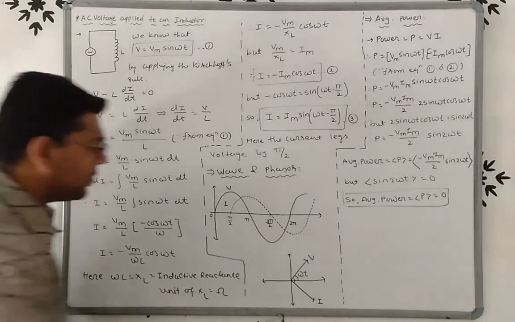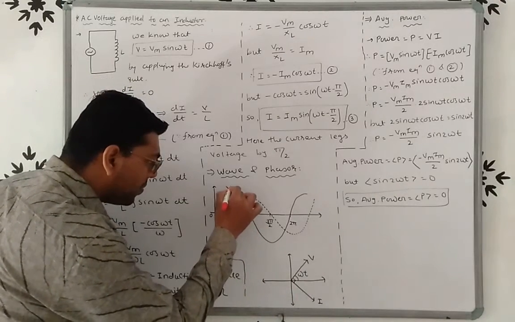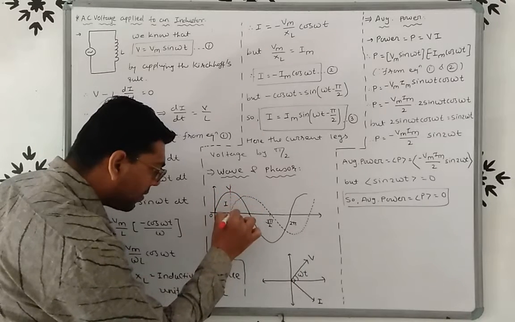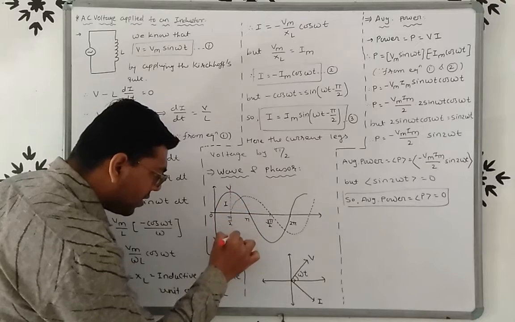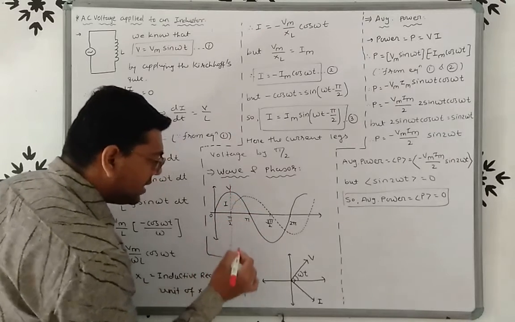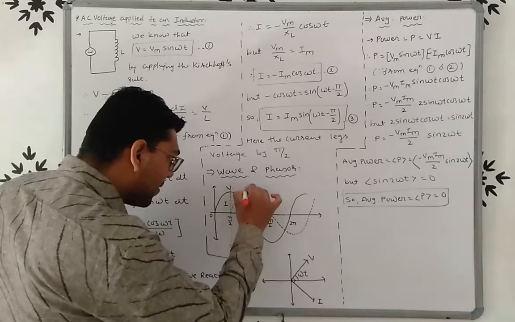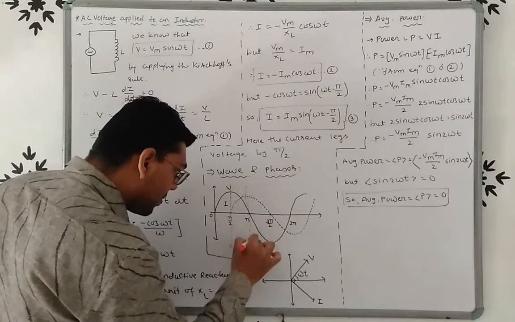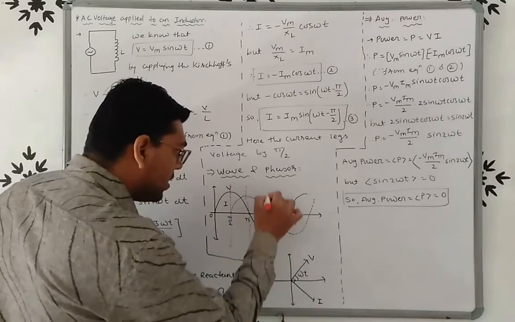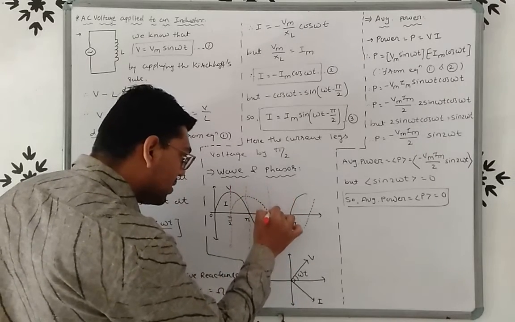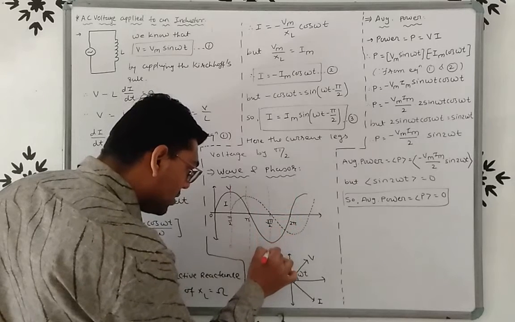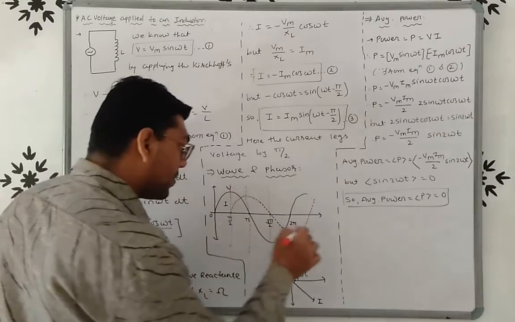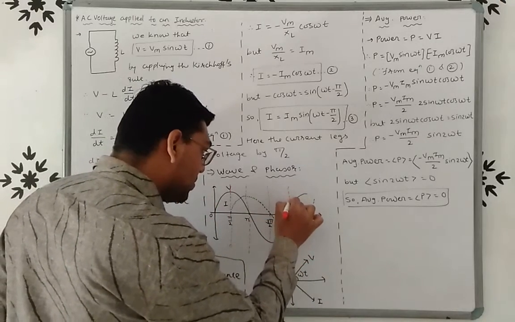From pi by 2, this is 0, at pi this is 1, and this is 2 at this point 2 pi.